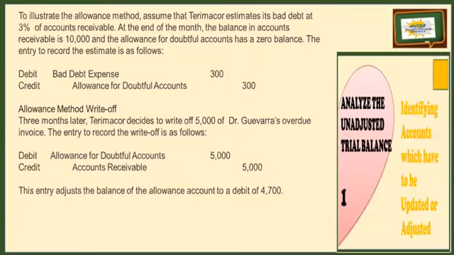Bad debt, which is 3% of 10,000. Bad debts expense, which is 300, will be debited and a credit to allowance for doubtful accounts. So you can see here, debit bad debts expense, credit allowance for doubtful accounts, or allowance for bad debts.